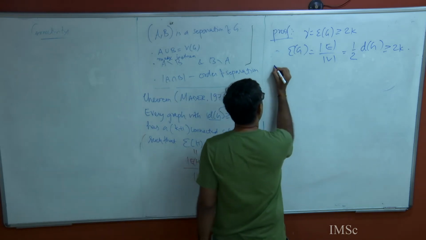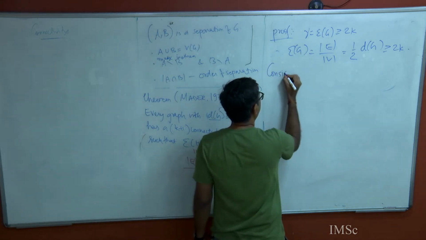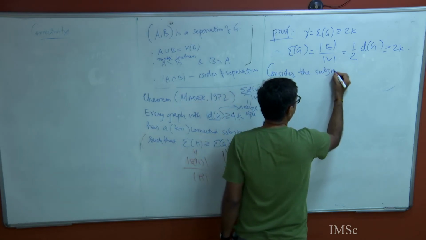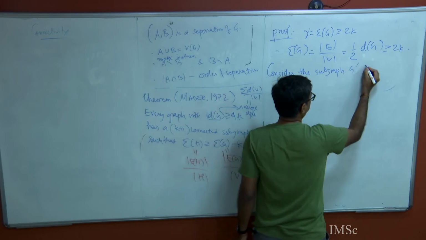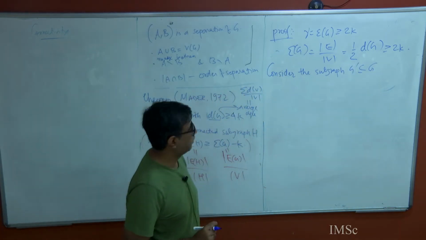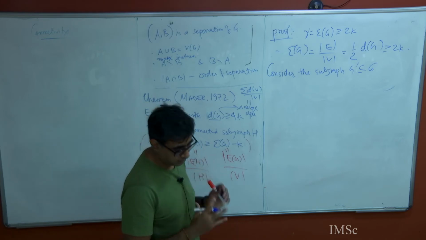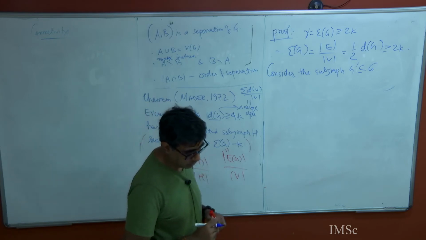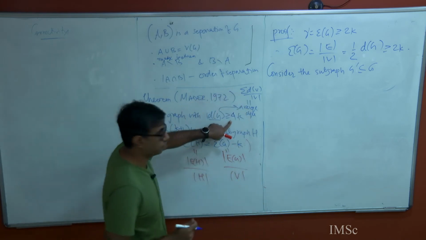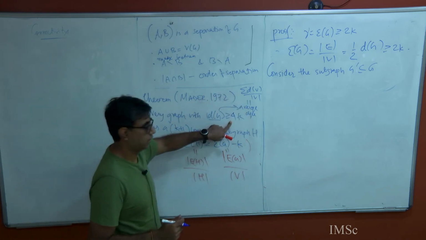Now I'm saying, consider a subgraph G prime subset of G. We say at least 4k, right? Greater or equal to 4k.